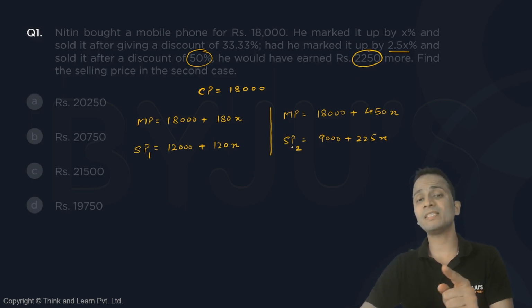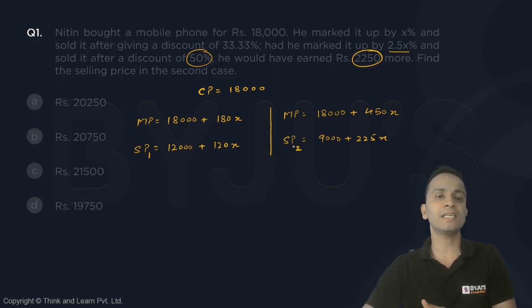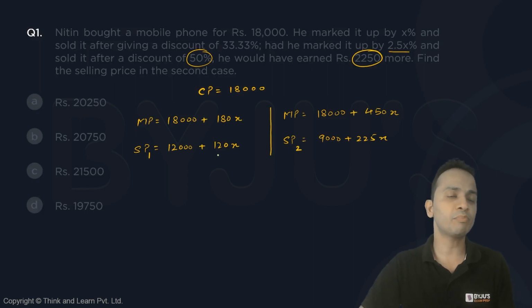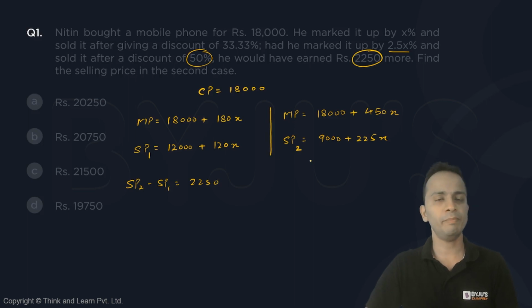So the selling price in the second case is more than the selling price in the first case by 2250. So SP2 minus SP1 will be equal to 2250. Make an equation, solve for x, get the value of x, and substitute to find out whatever they have asked.